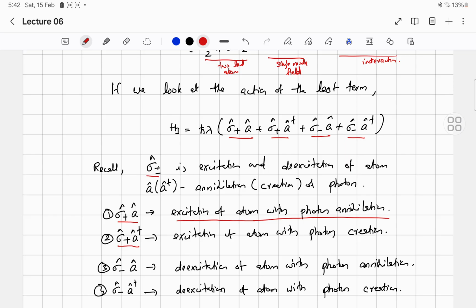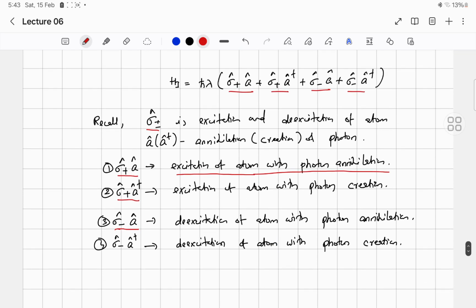The atom is going to excite and a photon is being created. And sigma minus a is de-excitation of the atom with a photon being annihilated. By removing a photon, the atom is going to de-excite. And sigma minus a dagger, the atom de-excites and a photon is created.